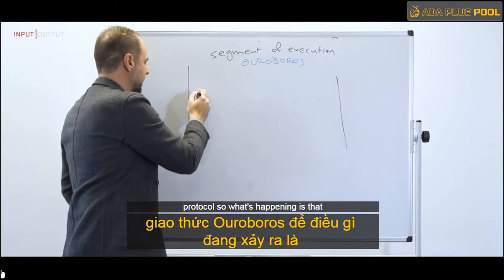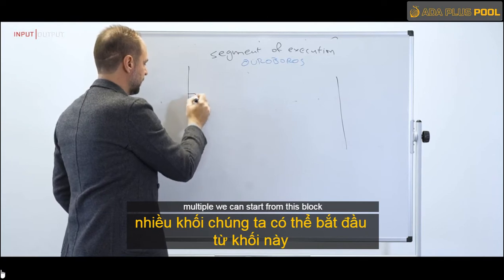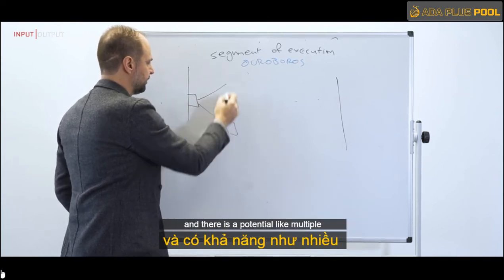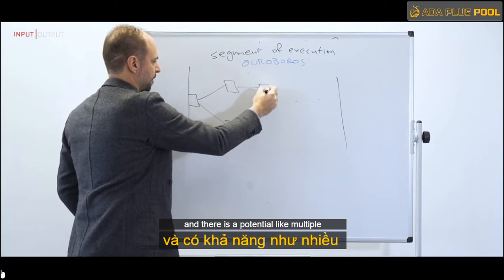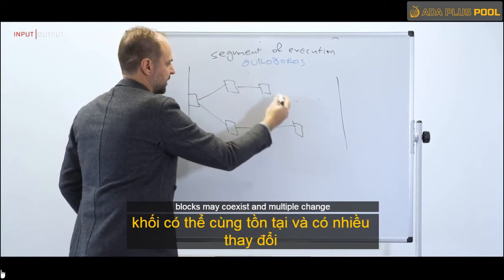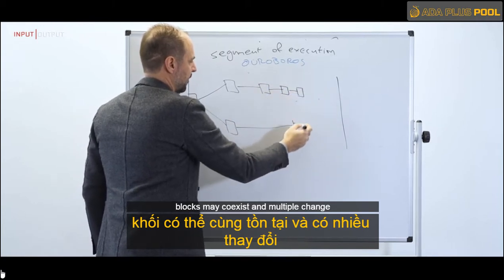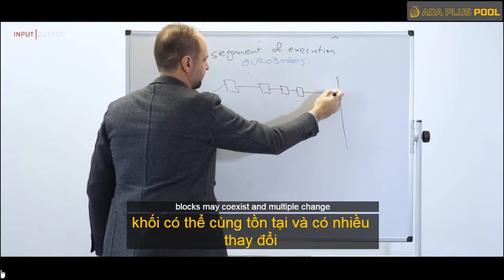What's happening is that we can start from this block, and multiple blocks may coexist and multiple chains.